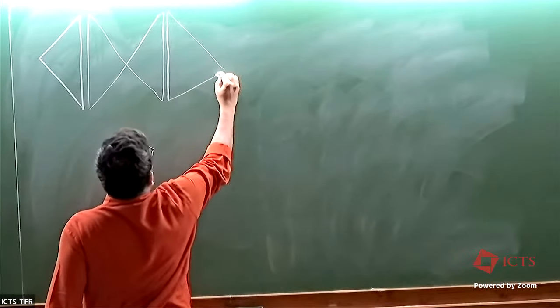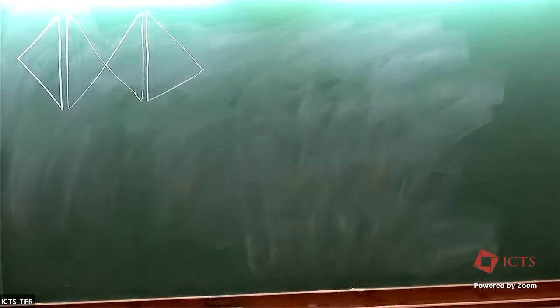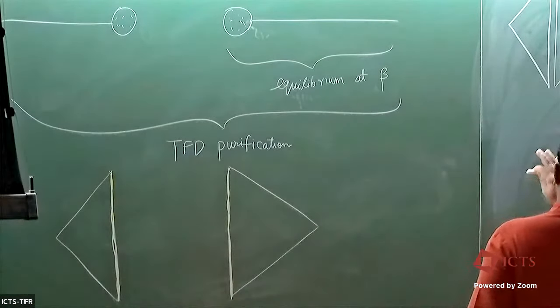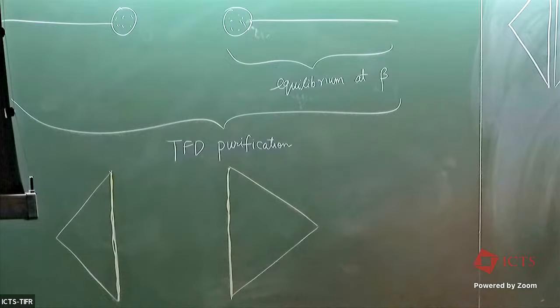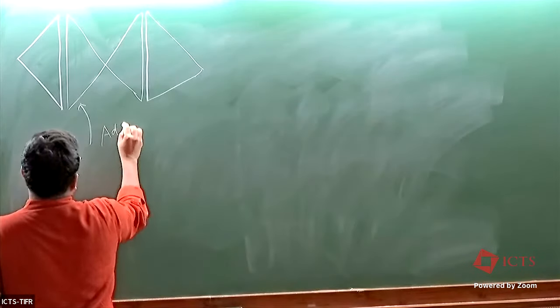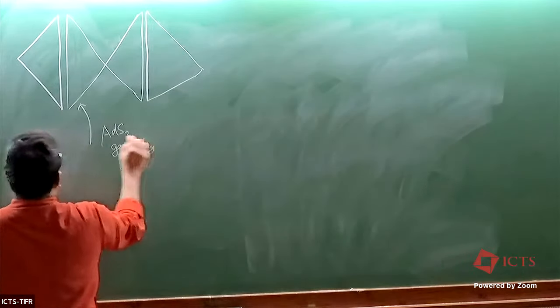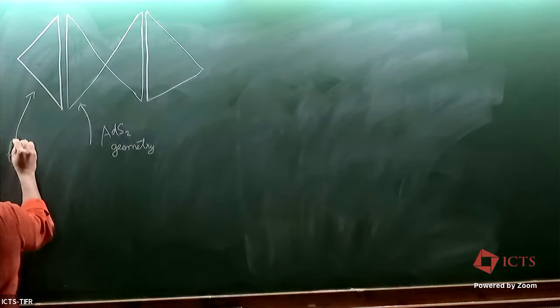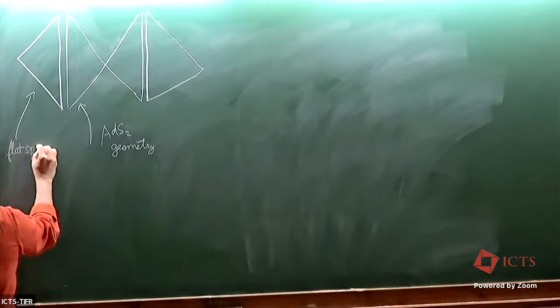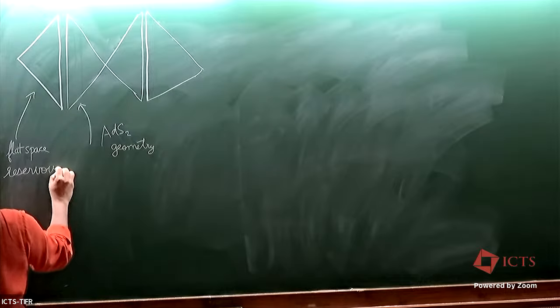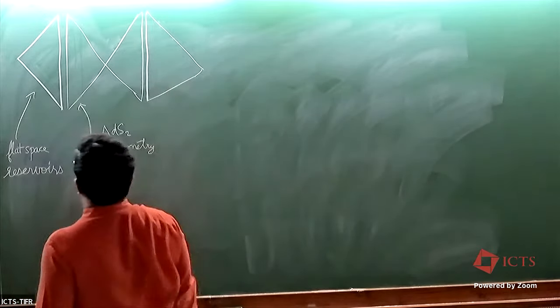So what are these? Basically you take these two SYK, which are in a thermofield double, and replace them by some kind of this geometry that we were discussing there. So this is the AdS2 geometry, and these are the flat space reservoirs. This one and this one here.